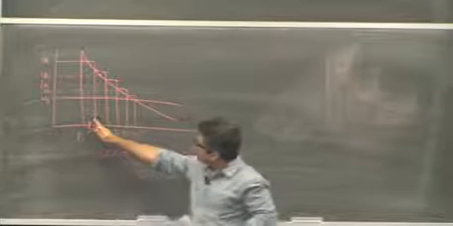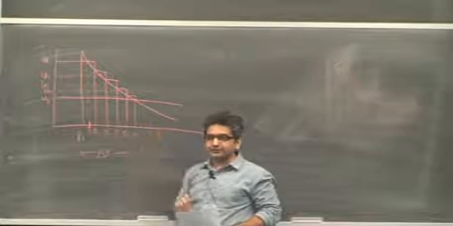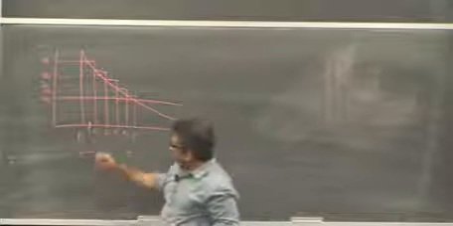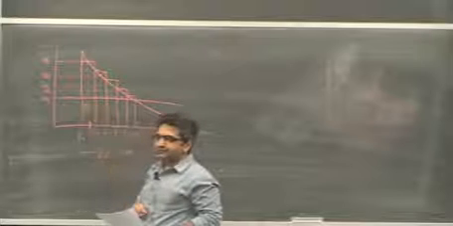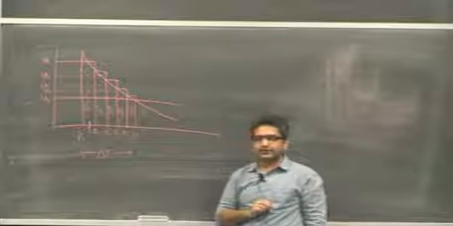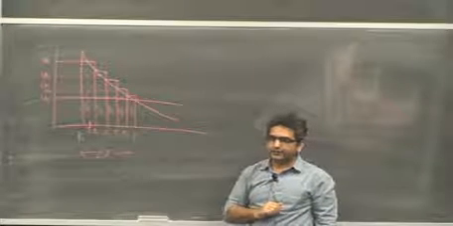So we replace this barrier with these rectangles. If I know the width and the height of this barrier, I can find the transmission coefficient for this barrier. Let's say this is T1, this is T2. So the total transmission coefficient would be what?